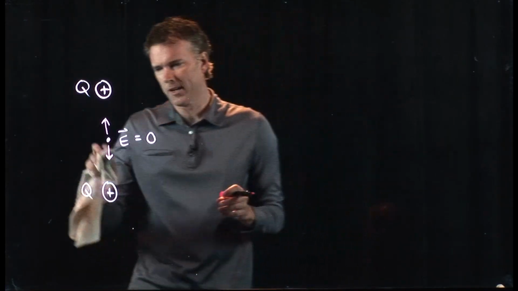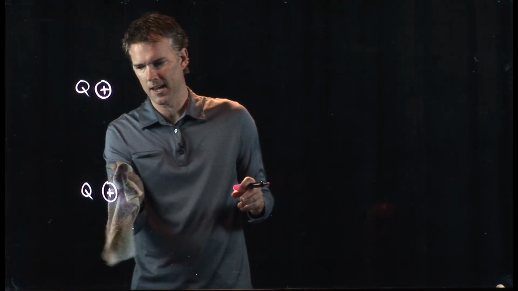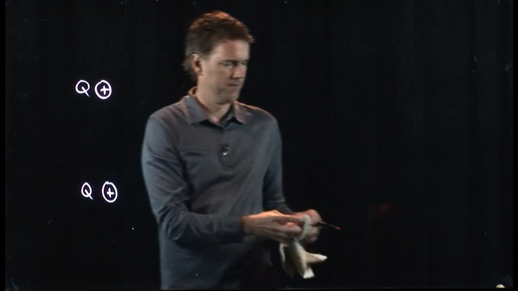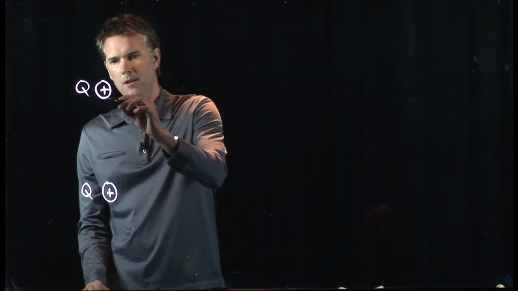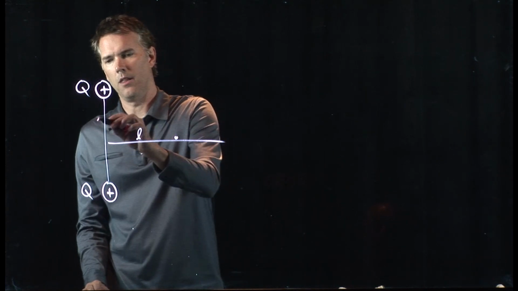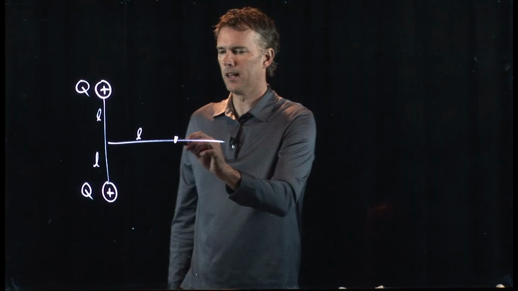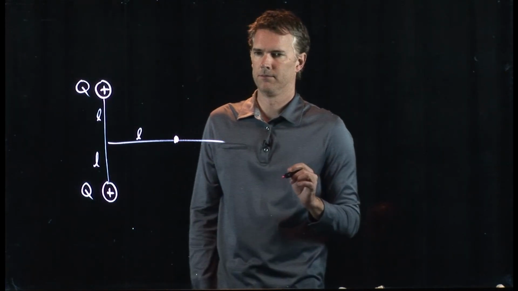But let's make it a little more complicated now. Let's bring out our point to the side. So let's put our point of interest right there, and let's say that this distance is L, that distance is L, that distance is L, and let's calculate the electric field right there.